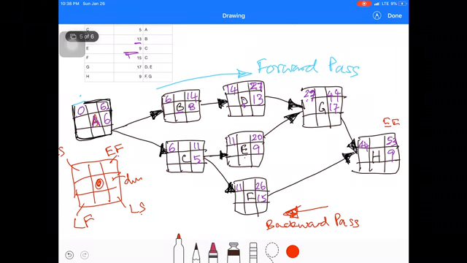So in order to not have any delay in the total project, the late finish date of this activity should also be 53, right? In order to complete on the 53rd day, this activity should start on the 44th day. So the late start of this activity should be 44.